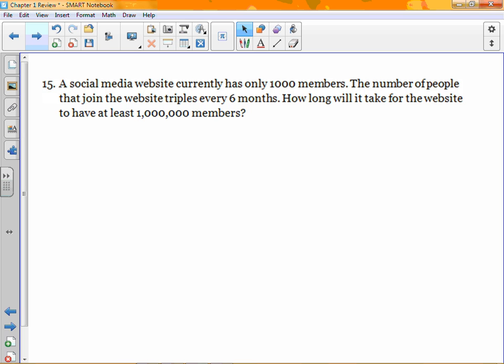A social media website currently has 1,000 members. So again, guys, we're doing an exponential growth problem. So A equals the starting point. What's the starting point? 1,000.